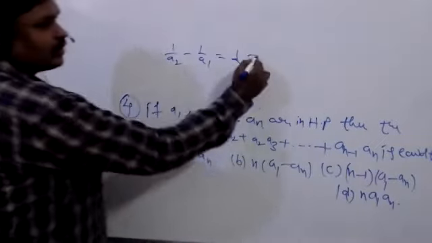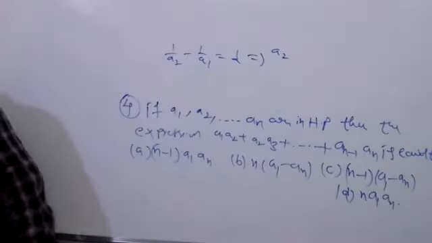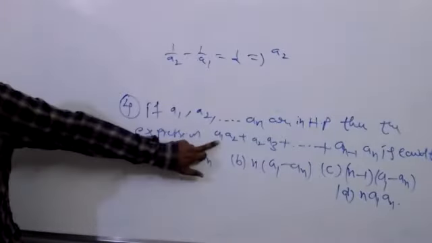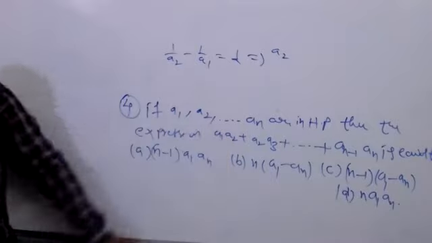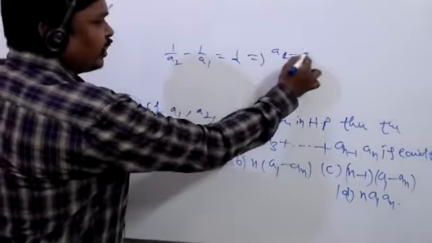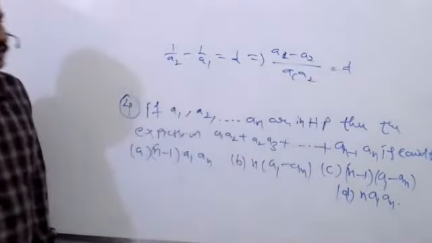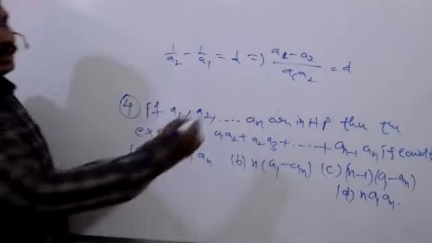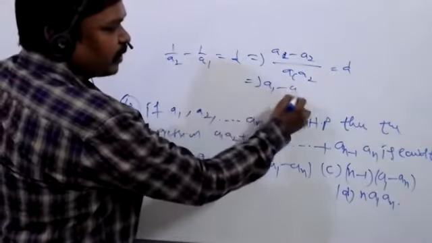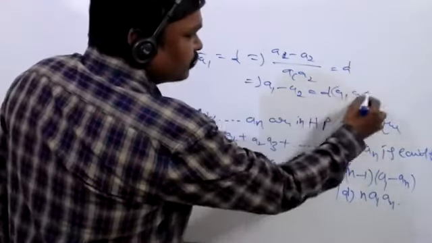That implies, using the property here, (A1 minus A2) upon A1 A2 is equal to D. So A1 minus A2 is equal to D into A1 A2.